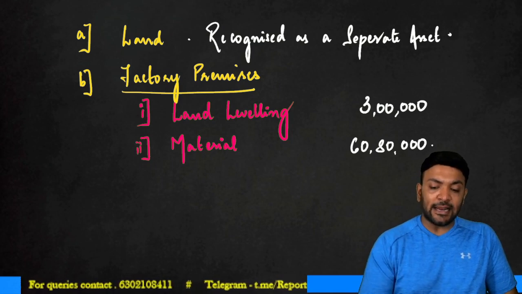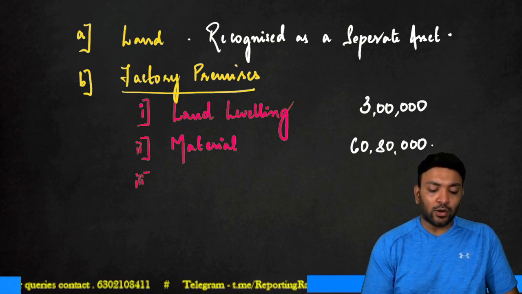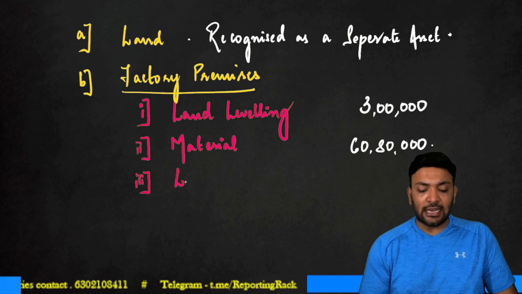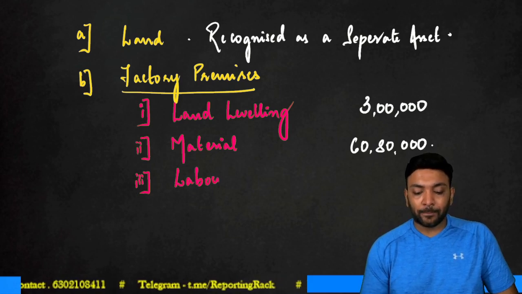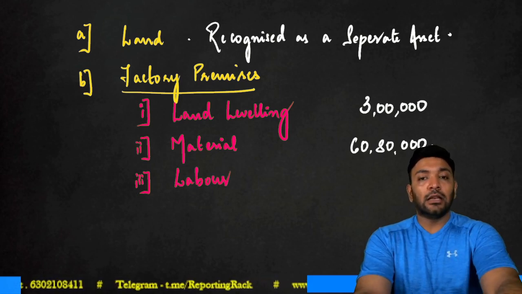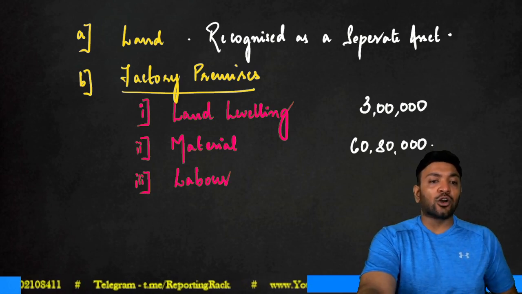Next one, part 3. What is the third cost? It is obviously the labor. Labor cost to be included into the cost of the asset.